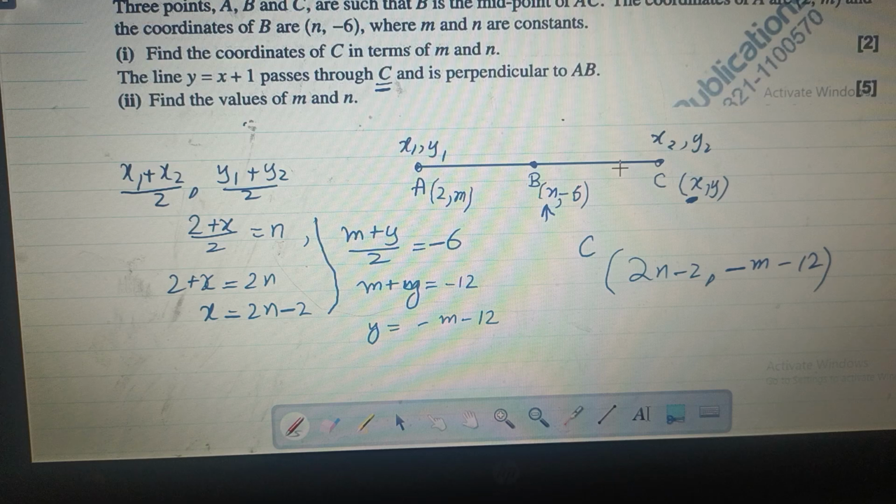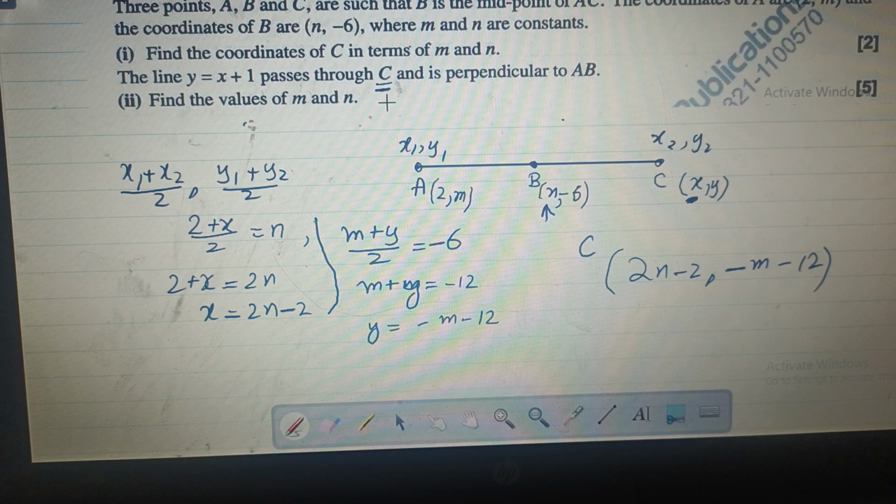So we will put the values of these x and y in terms of m and n in the y and x place. We will put them in that equation y is equal to x plus 1, and then we will get equation 1, and after that we will have to find the gradient m_AB.